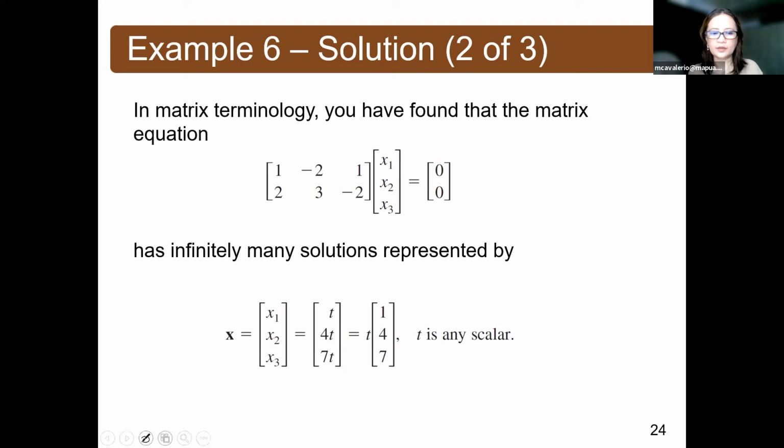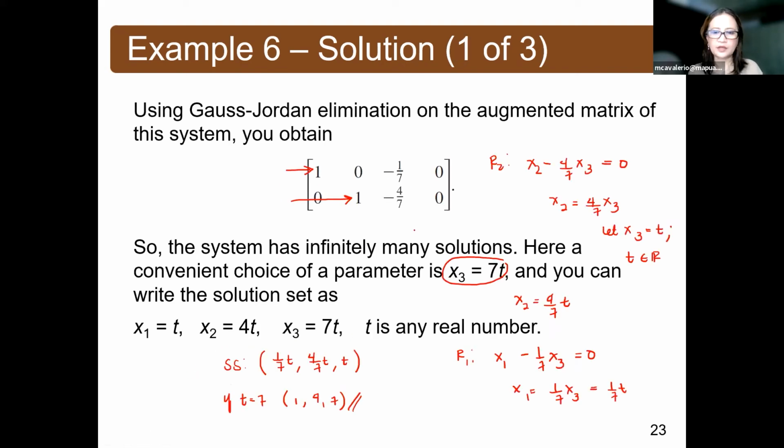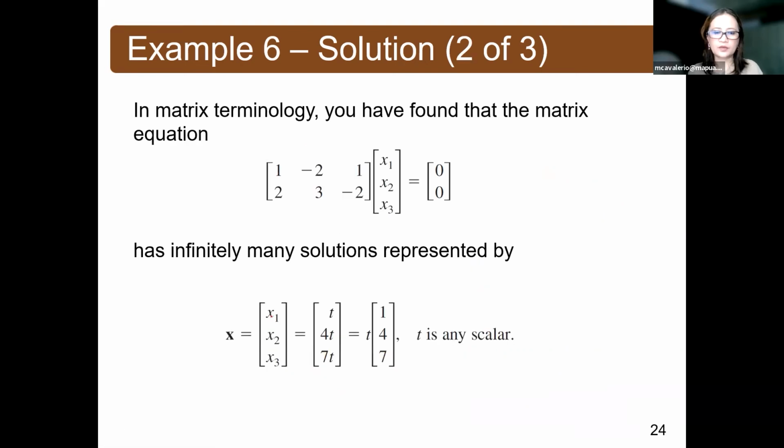So going back to our solution set here, let us make use of what is given here, that is allowing x sub 3 to be 7t, so that 4 over 7 times 7t, we will have 4t for x sub 2, and for x sub 1, you will have t, and for x sub 3, 7t. You can write it down in column form.